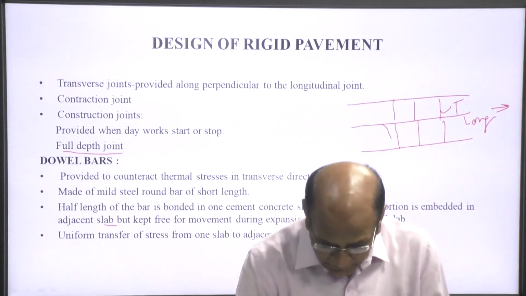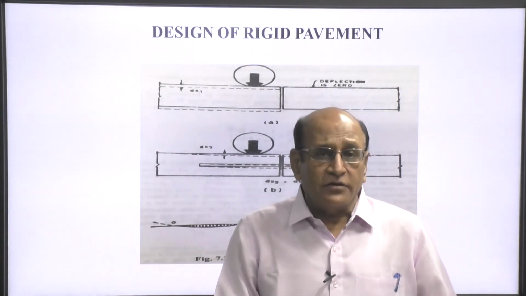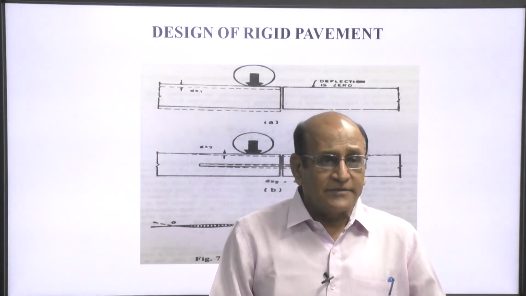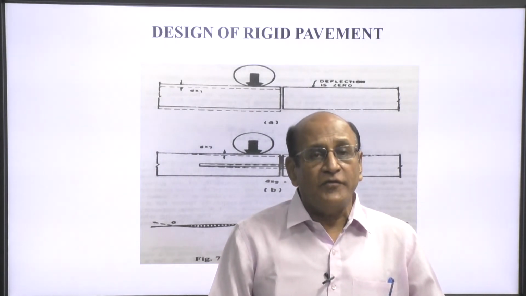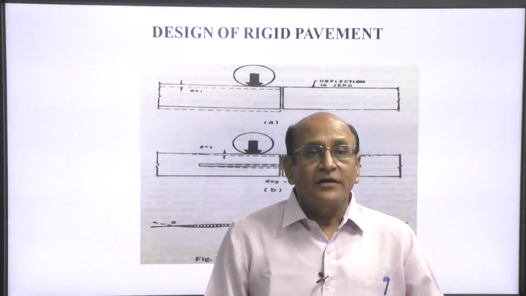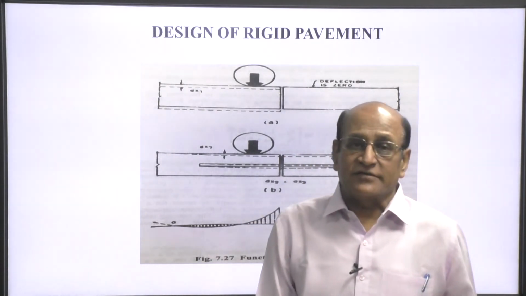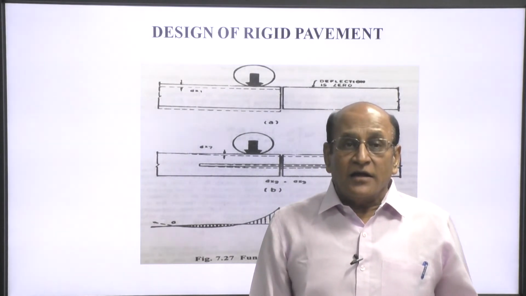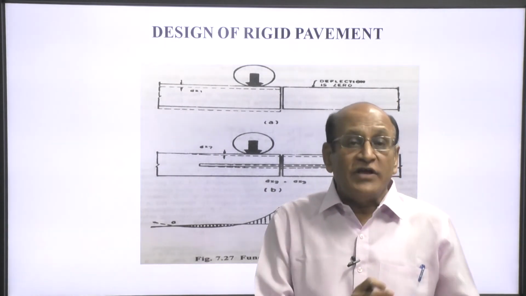So, there are two functions of the dowel bars. One is to take care of expansion and contraction of the slab due to temperature, because one end is fixed, embedded in one slab, and in the adjacent slab the dowel bar is free to move inside.